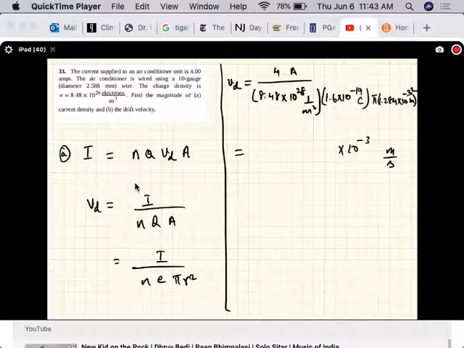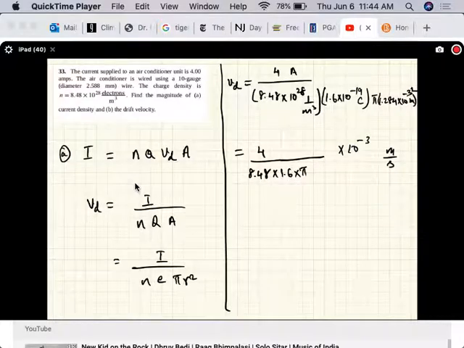So let's take care of the other factors. 4 into 8.48 into 1.6 into pi into 1.284 squared. All right, looks like I've accounted for everything.